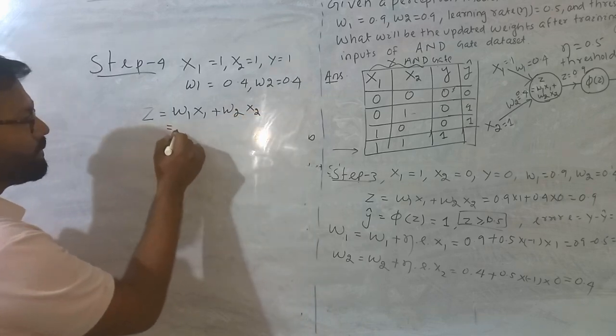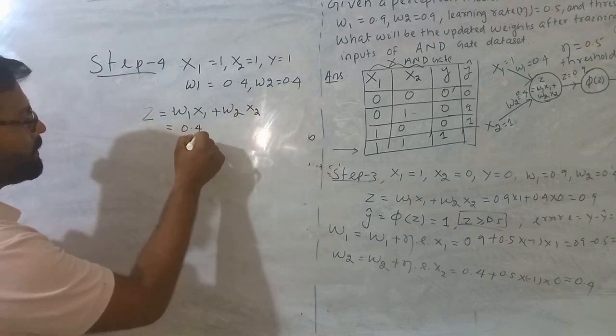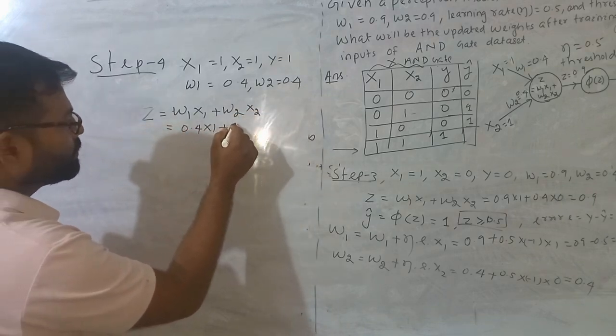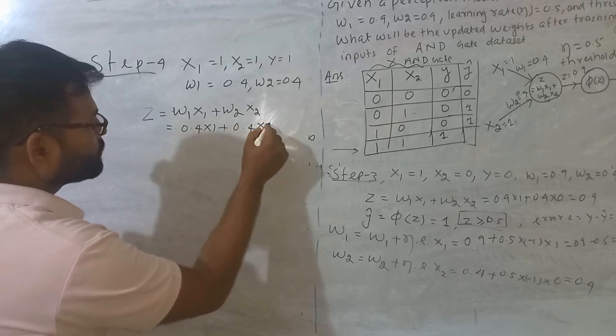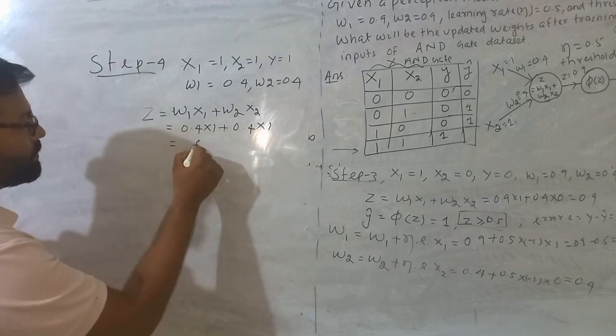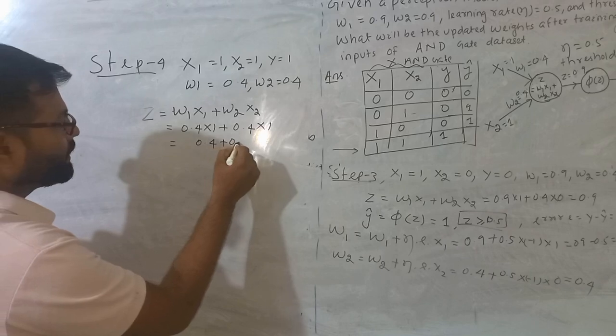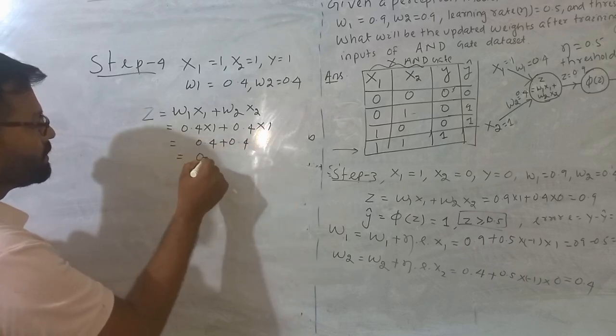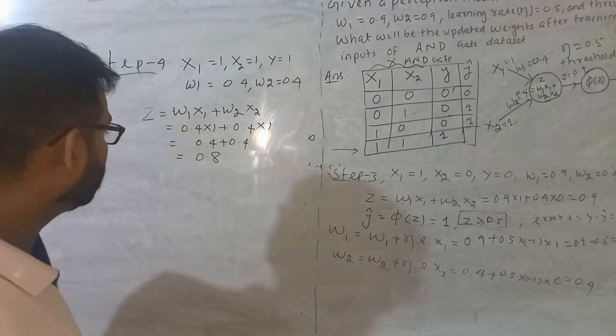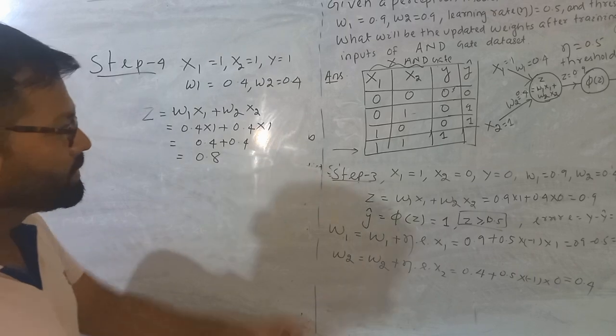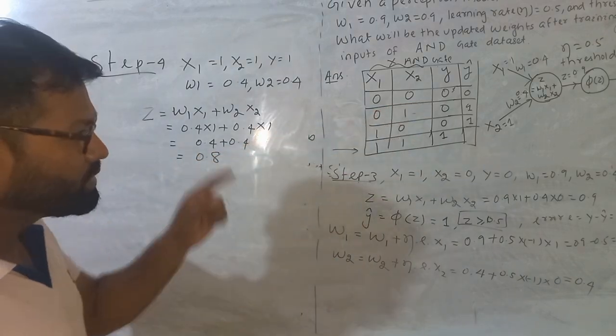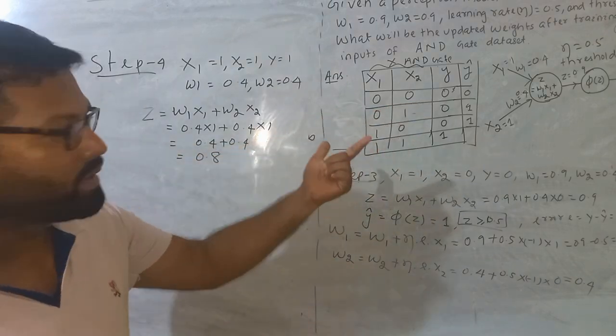My W1 is 0.4, my x1 is 1, plus my W2 is 0.4, my x2 is 1. So 0.4 plus 0.4 is equal to 0.8. So I got 0.8 as the value of z.